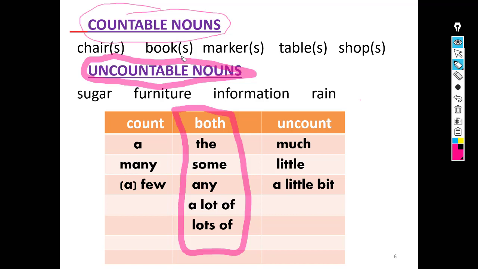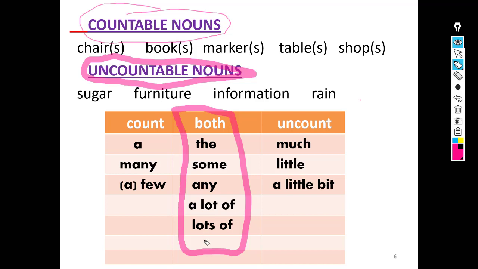Some books, I can say. I haven't got any sugar, I can say. I haven't got any markers, I can say. I have got a lot of books, I can say, or I have got a lot of furniture, I can say.